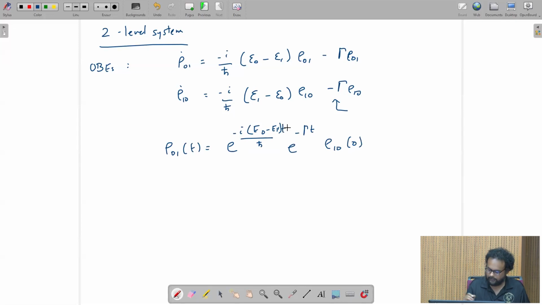Should be a t here. Now, this is a generic solution.